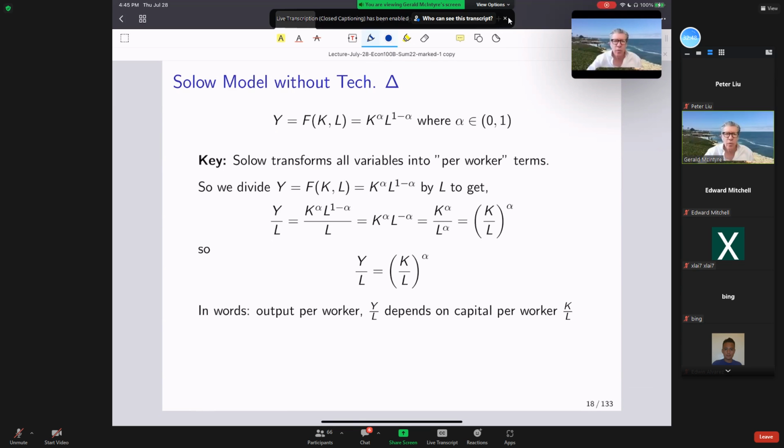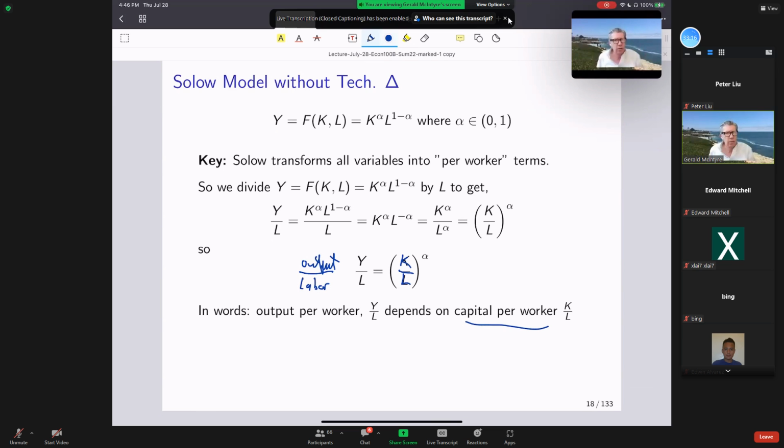It says output, or real GDP, in the numerator, and labor, or workers, in the denominator. It says that output per worker depends upon capital per worker, K over L. Does that make sense to you? The amount of output an average worker can make will depend upon how much capital the average worker has to work with.